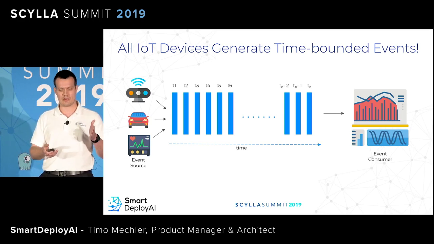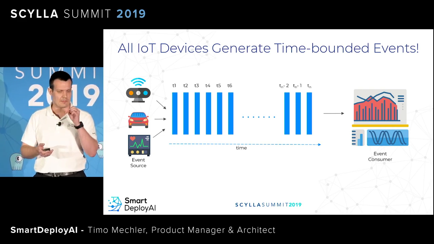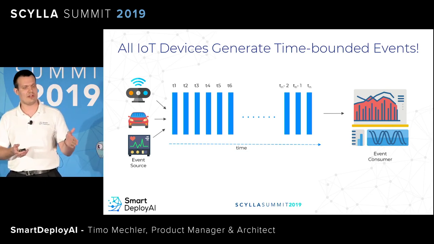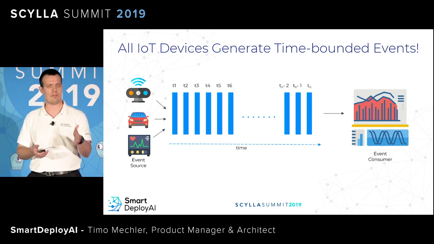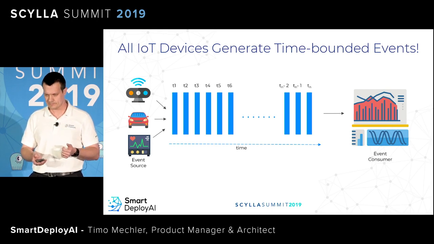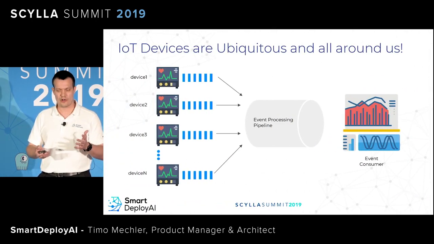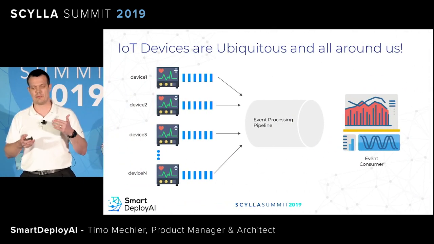You can have very evenly spaced events, maybe something pinging a server every 30 seconds. There's something that comes very bursty upon a certain type of trigger event, or you can have events that maybe are more seasonal in nature, that ramp up in the morning and then maybe ramp down at night, or some other type of seasonality.